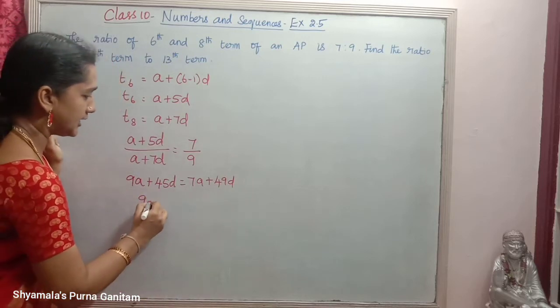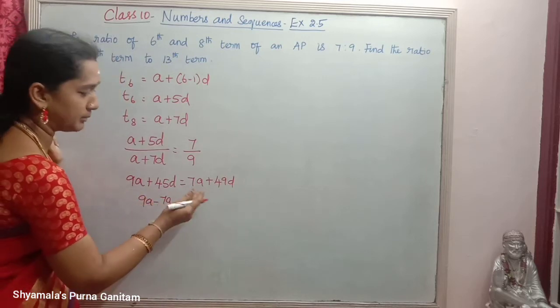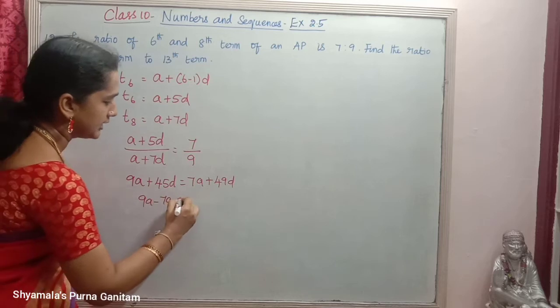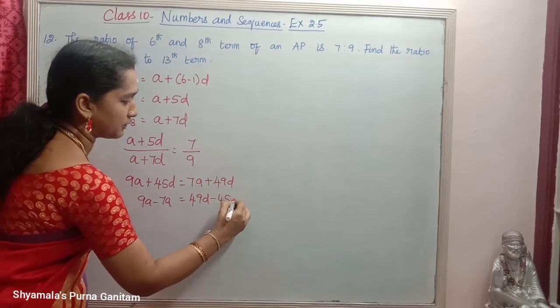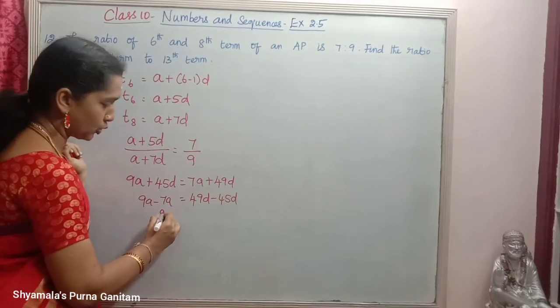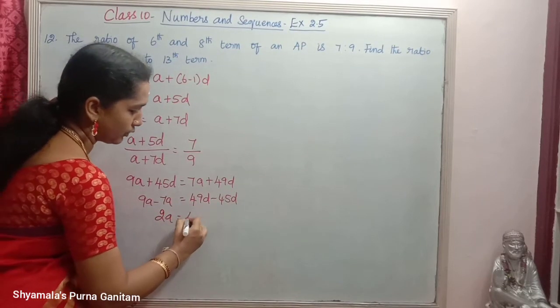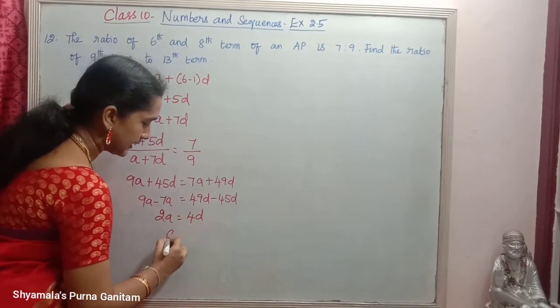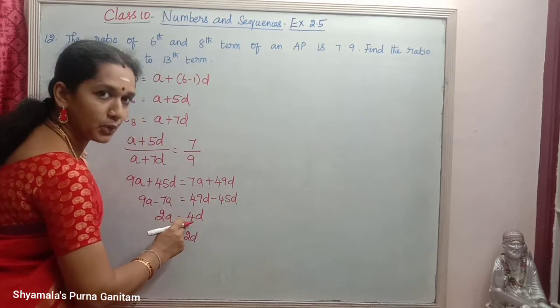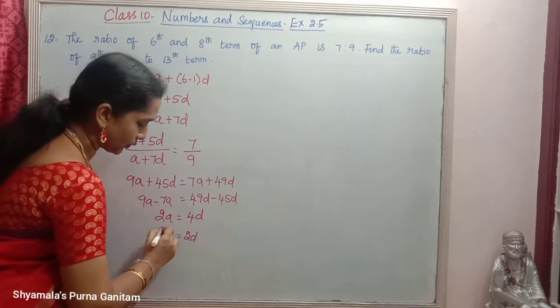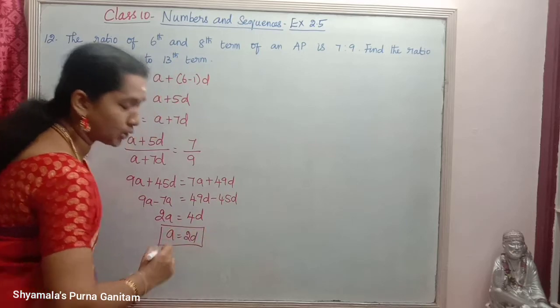Now I bring the A terms together: 9A minus 7A is equal to 49D minus 45D. So 2A is equal to 4D. That is A is equal to 2D, since 2 and 4 can be simplified.